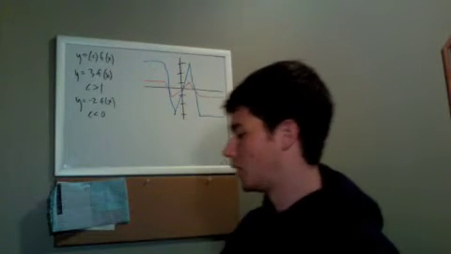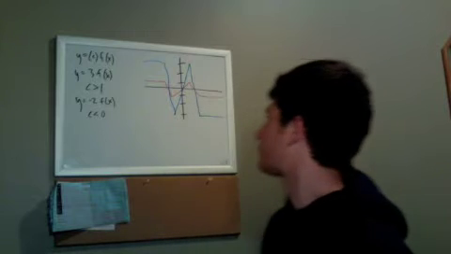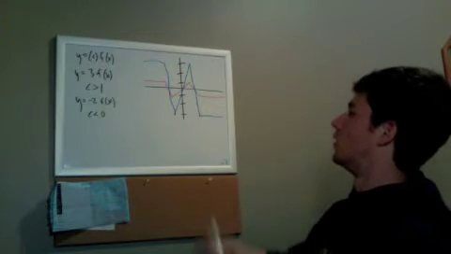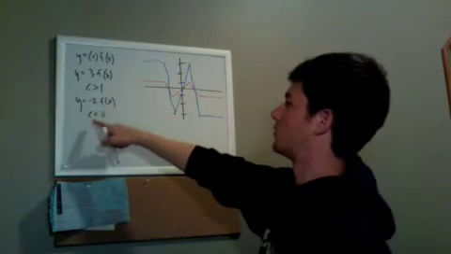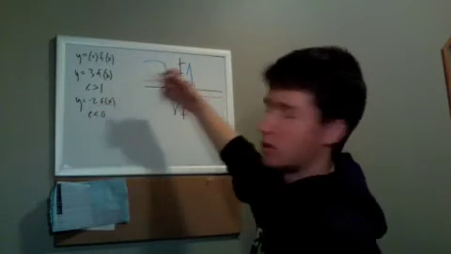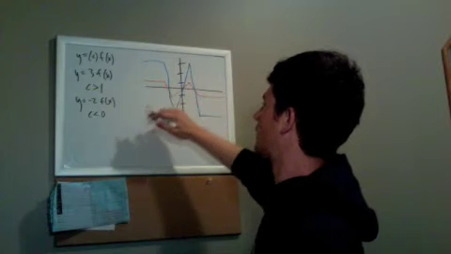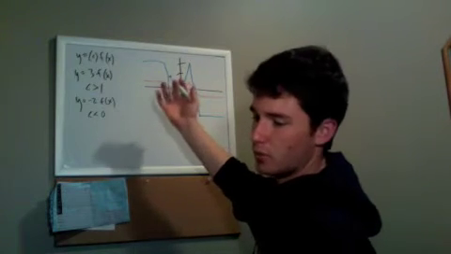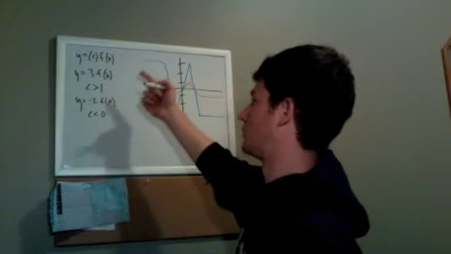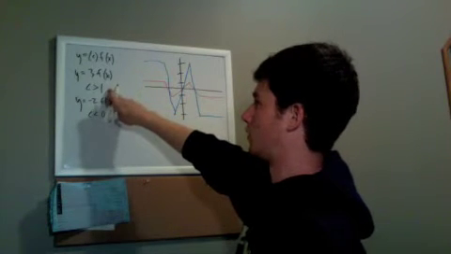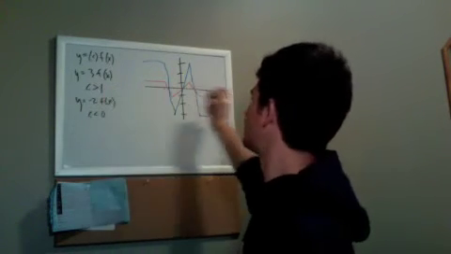So what this means is that, since c is negative, the equation will be reflected over the x-axis, and then once it's reflected over the x-axis, you can treat it as if it's this case, c being greater than 1.